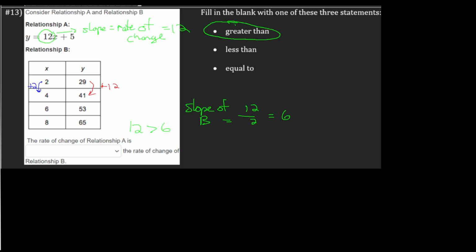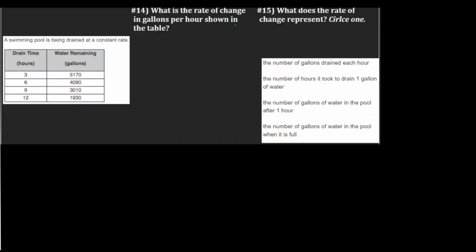And the last one, for 14 and 15, I'm going to be using this same table. It says, what is the rate of change in gallons per hour shown in the table? The same idea, same setup. I'm going to find from one point to the next. I only need those 2 points. So let me do real quick math for you.